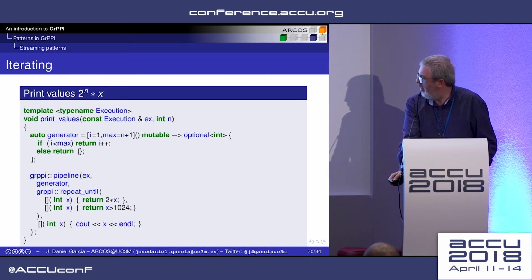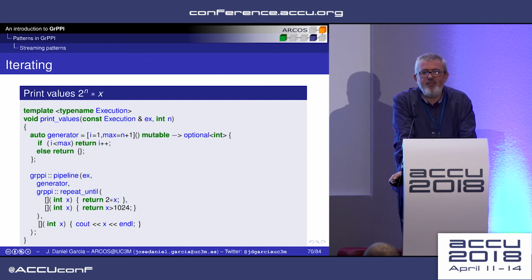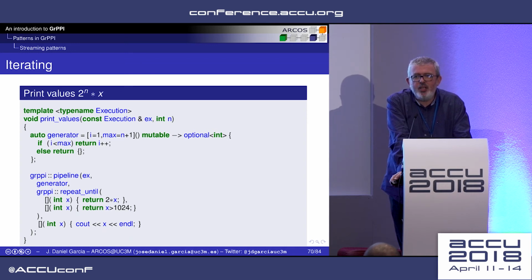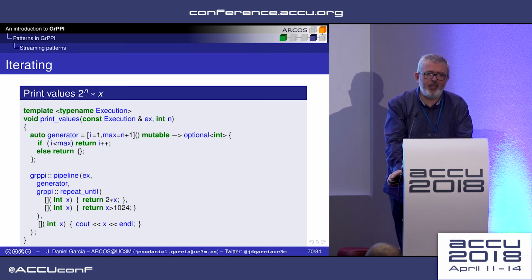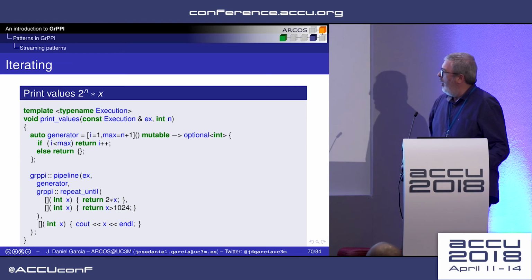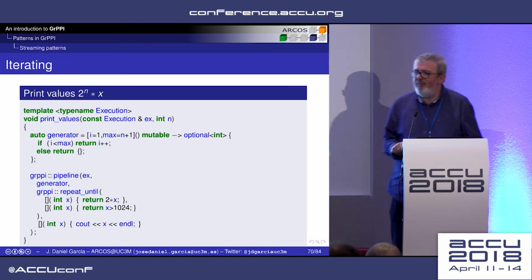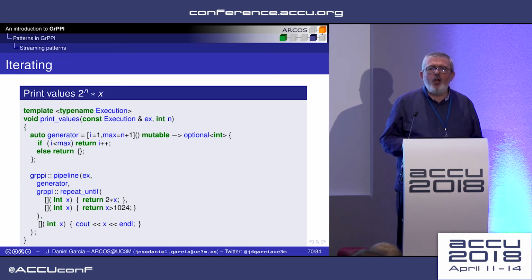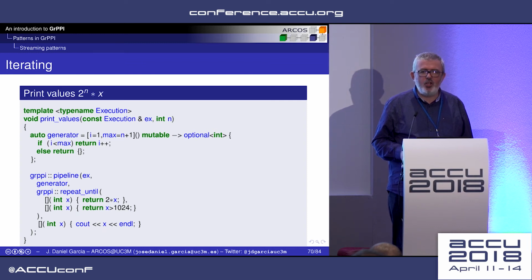For example, we have found that this could be used in some learning algorithms easily because of the feedback. Finally, another thing that we have is context, multi-context pipelines.